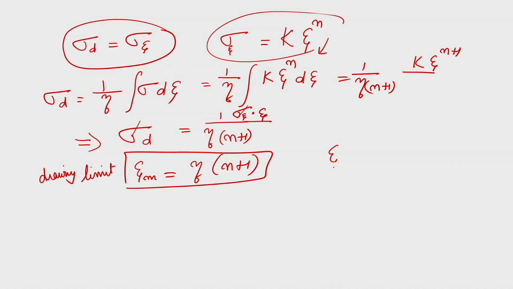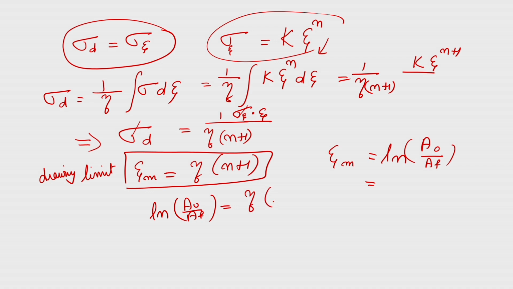And since epsilon max is equal to log A naught by A f, starting and final areas, we can write log A naught by A f is equal to eta into n plus 1.